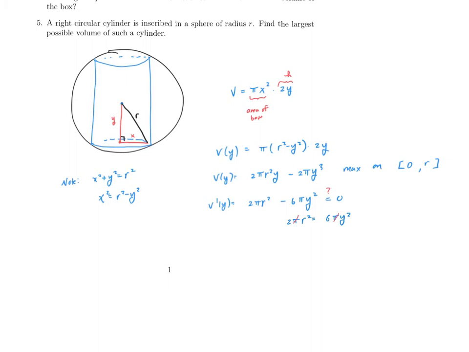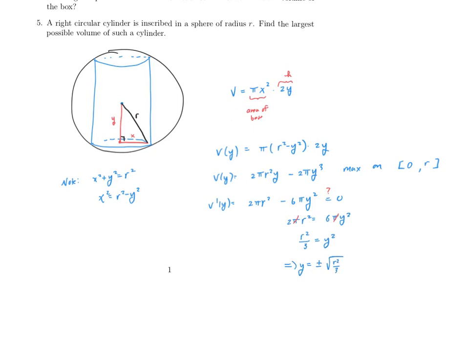Divide both sides by pi. Divide both sides by 6, and we would have r squared over 3 is y squared. So that y is equal to plus or minus the square root of r squared over 3.